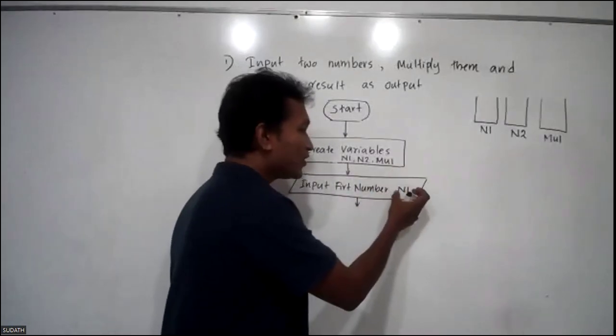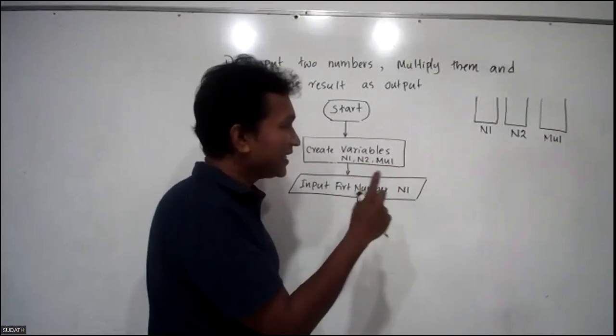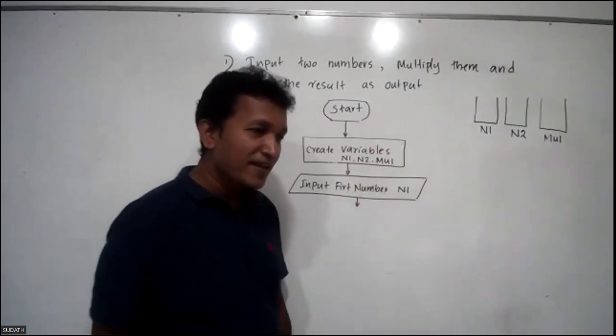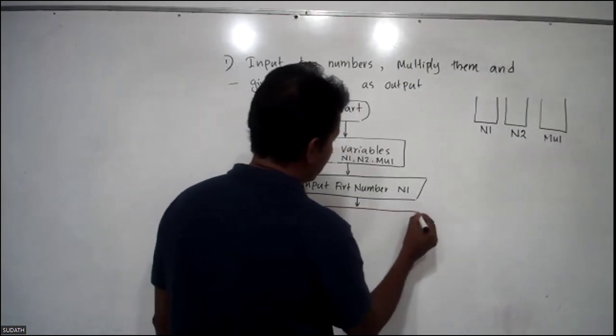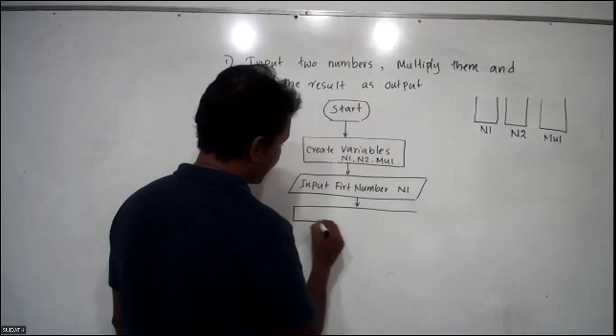Then we should store this number in our variable. Store means it's a process.